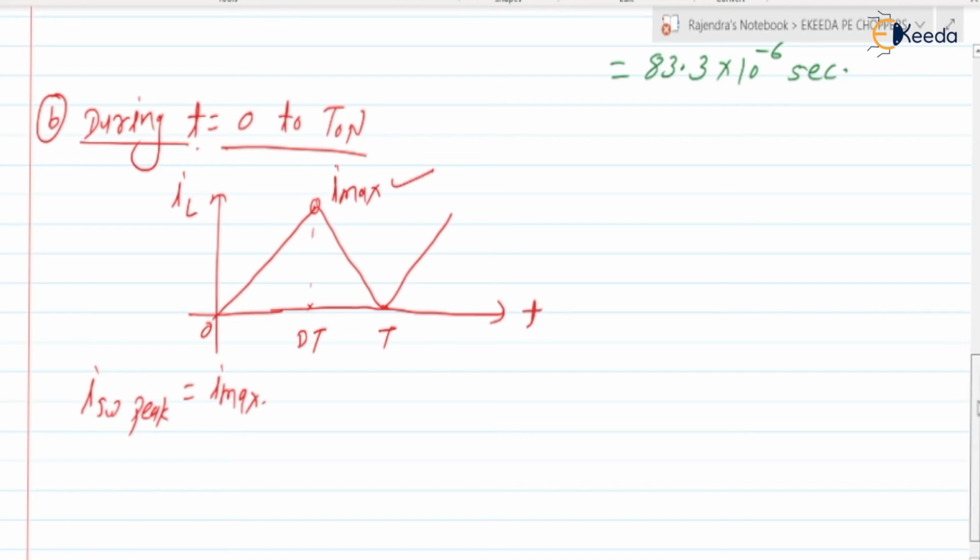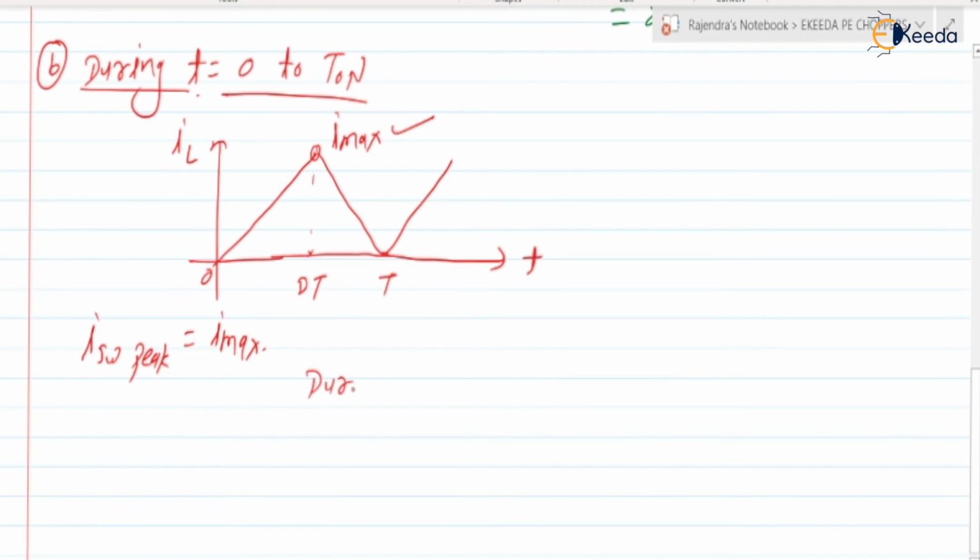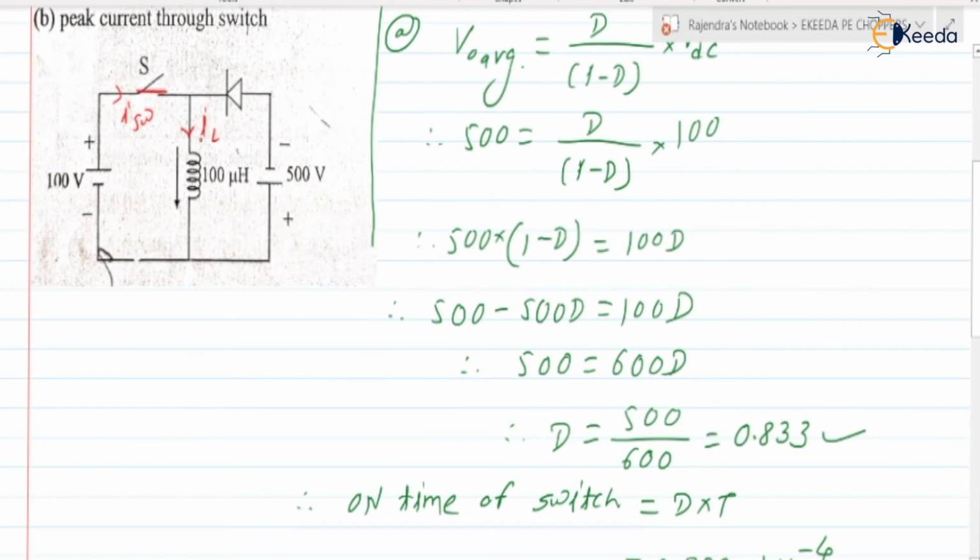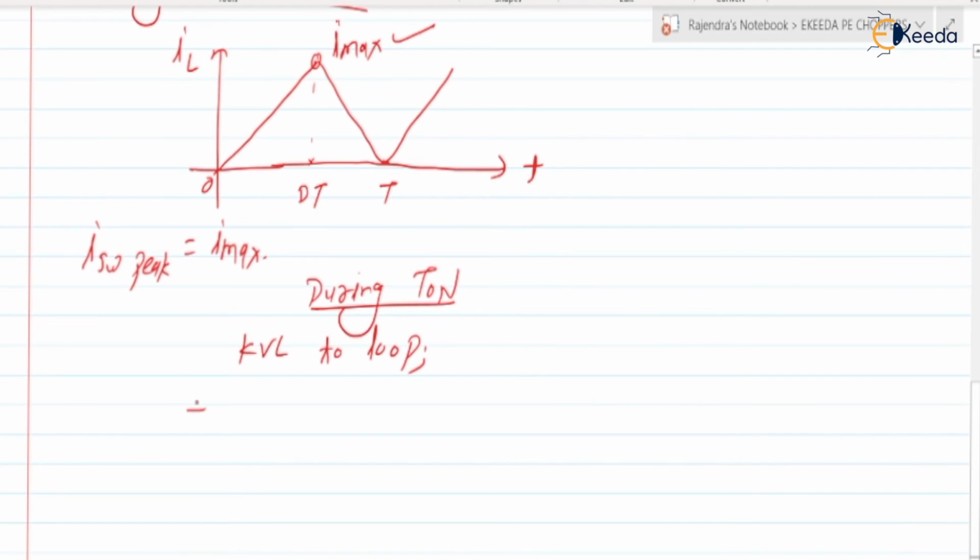Now during T on, if we apply KVL to the loop, we can write it as plus 100 minus L into dIL by dt, where L is 100 into 10 to the power minus 6, equal to 0.